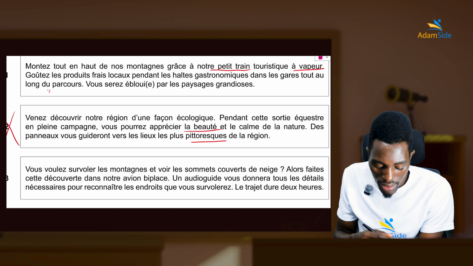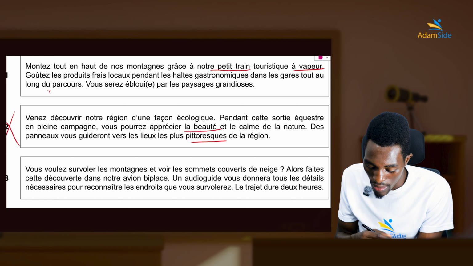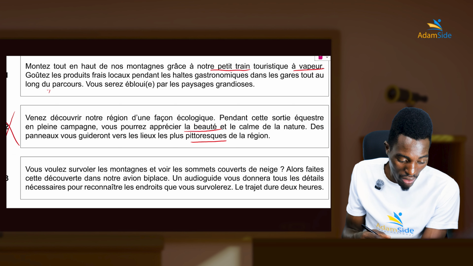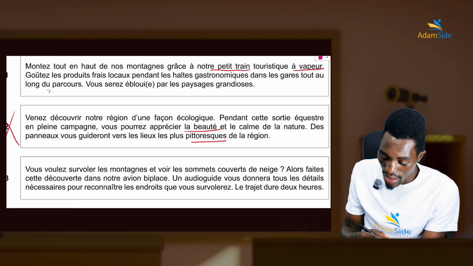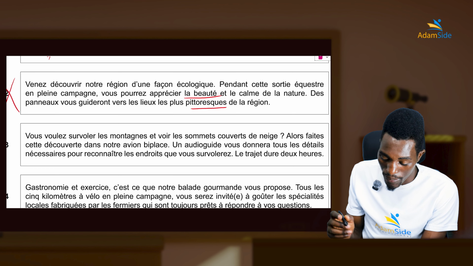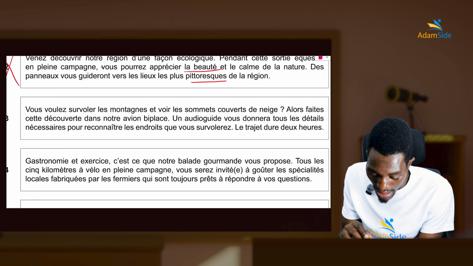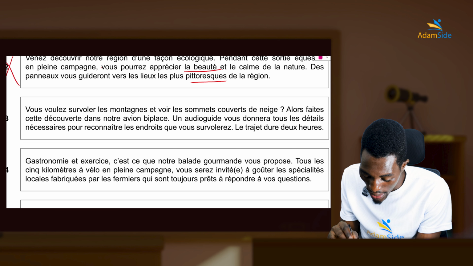Monter tout un nom des montagnes grâce à notre petit train touristique à vapeur. Goûter les produits frais locaux. No, this was talking about local, and it's not talking even about flying with a plane. So, number 3, vous voulez survoler les montagnes et voir les sommets couverts de neige.